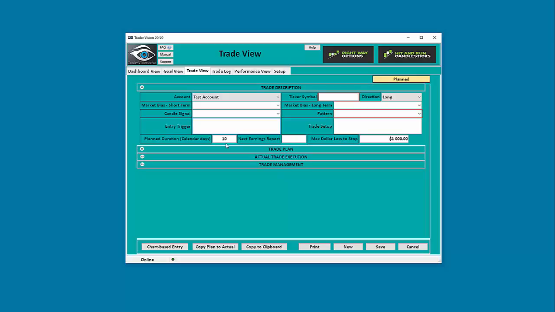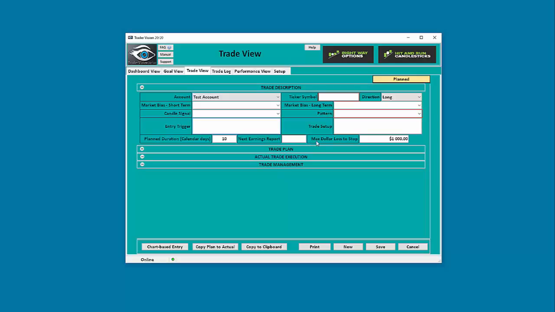This is only really used for estimating the cost of shorting, so for a long trade, it's not an integral part of the system. The next earning report, again, this is something you would look up and enter, and that is there to remind you whether or not you want to be trading through an earnings report period.